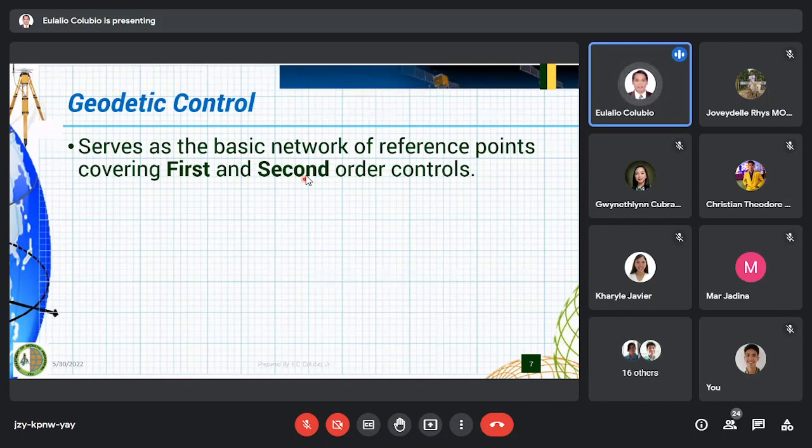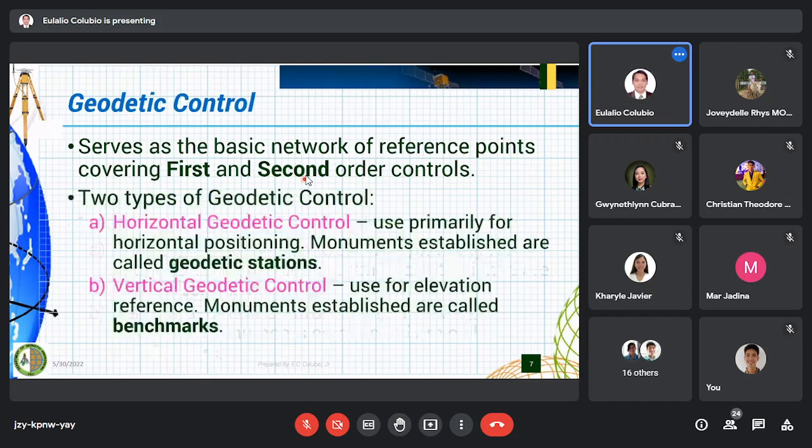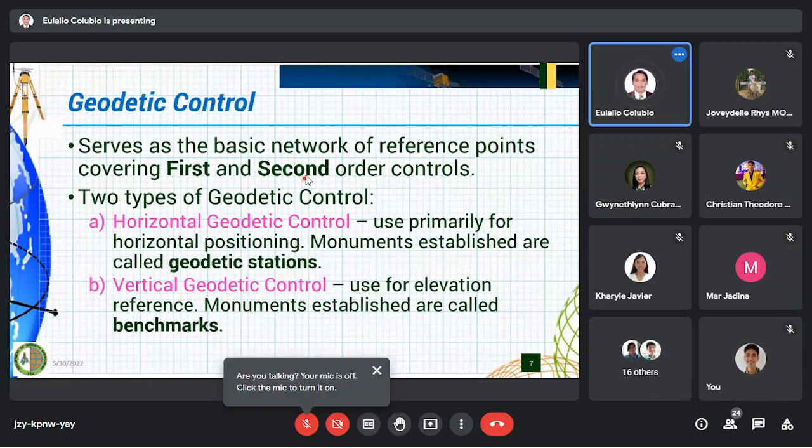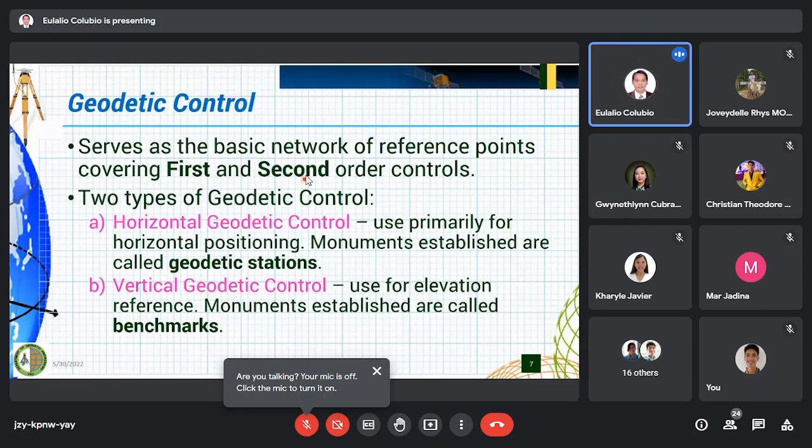Later on I will show you the accuracy required for this type of control station. Okay, so with geodetic control, it takes into account the curvature of the Earth and the area coverage is extensive.